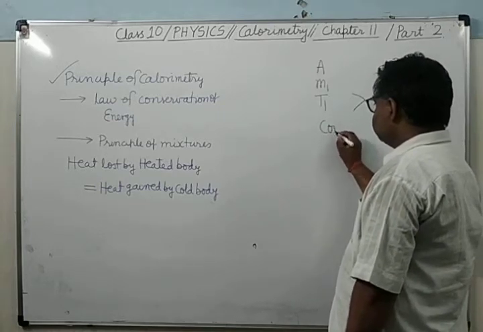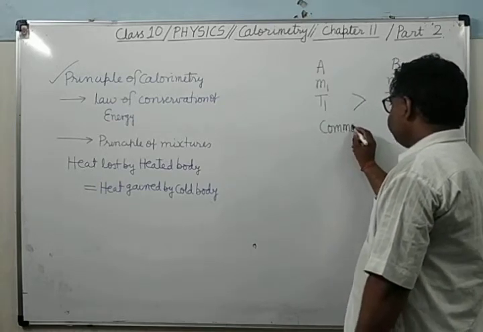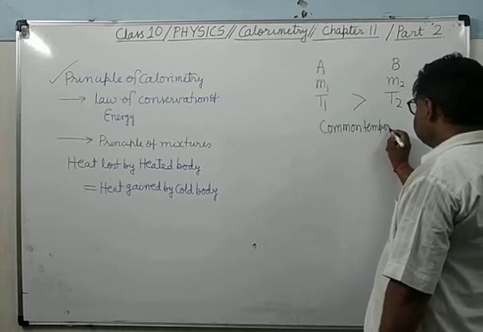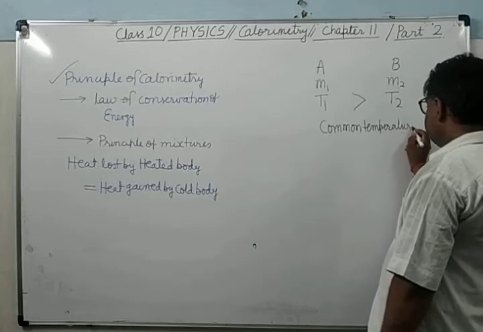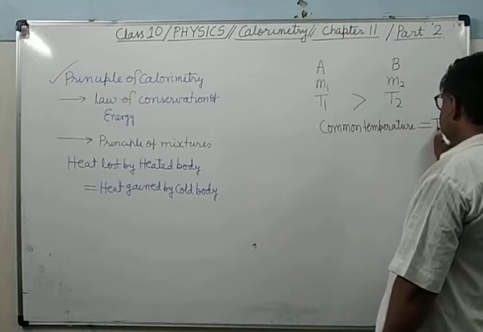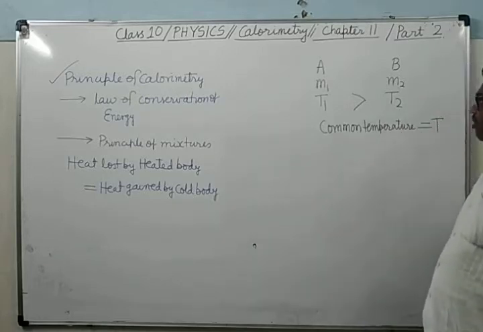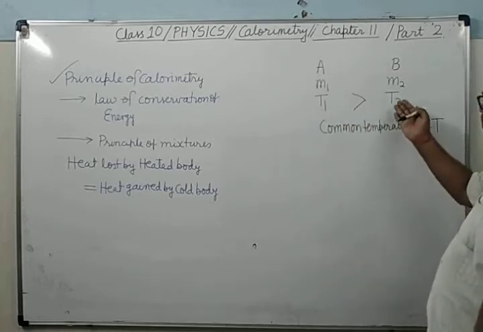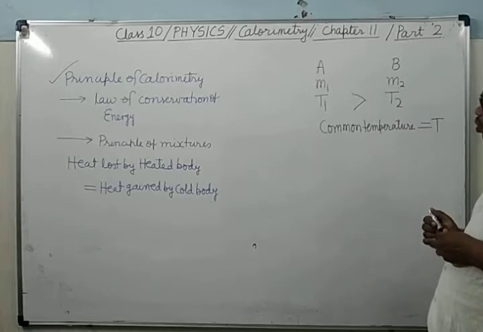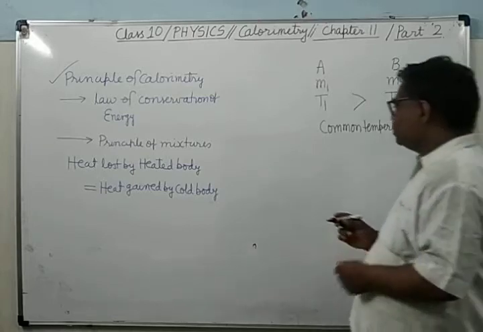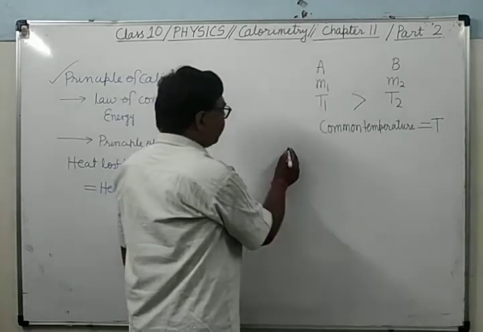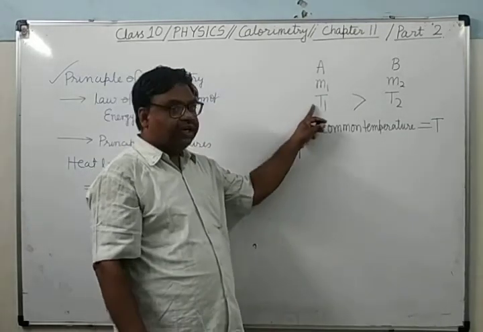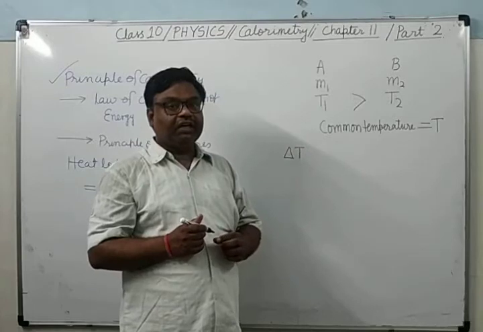So we have assumed that the common temperature at which both will reach after losing or gaining the heat is T. After losing the heat, body A goes from T1 to T and the temperature of body B increases from T2 to T. So if you see the change in temperature for the first body, since it is losing the heat, will temperature increase or decrease?